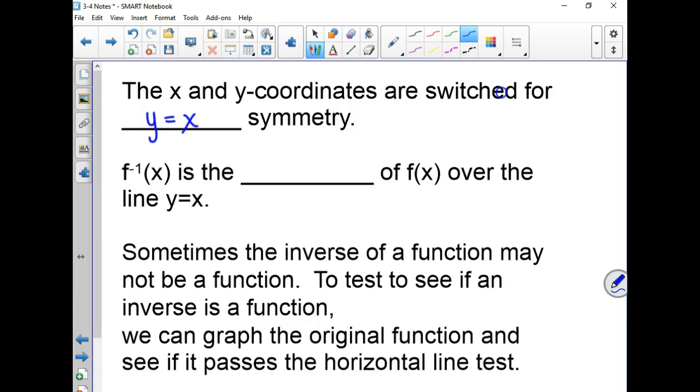But if we switch x and y coordinates, it means that we have symmetry over the line y equals x, so we could fold it over that line. F inverse of x is the reflection of f of x over the line y equals x.